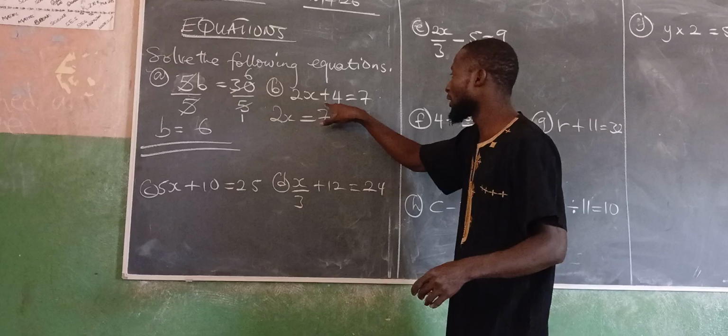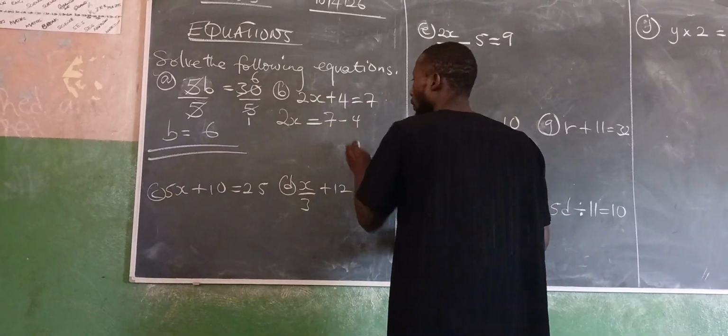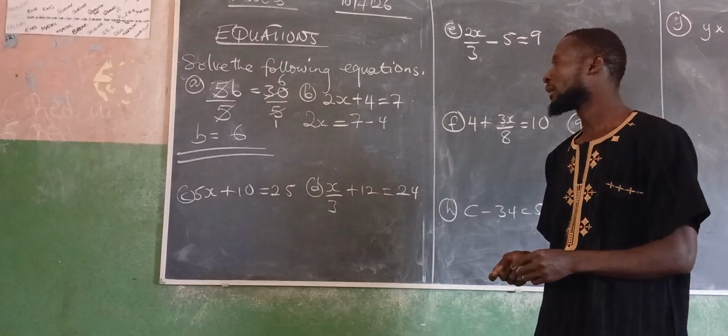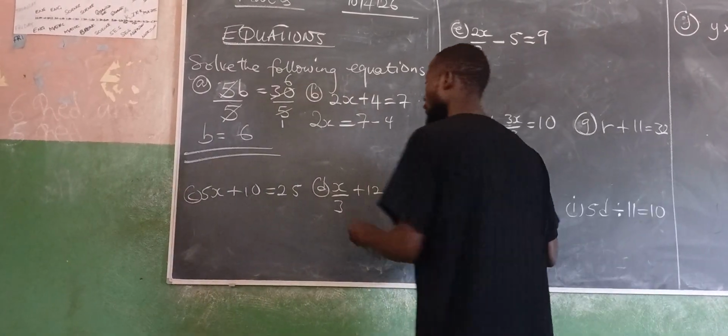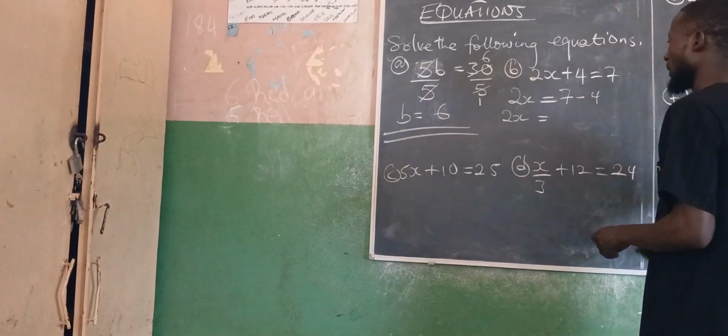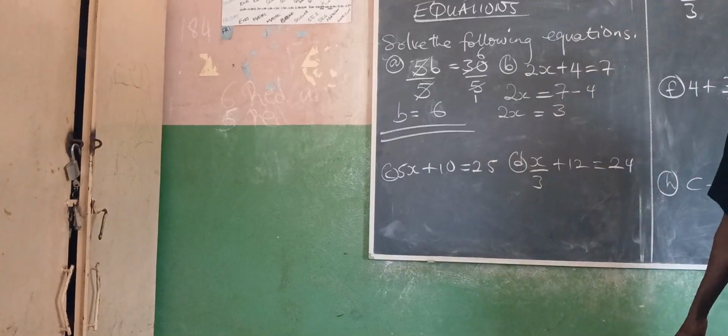So the sign of this number is plus, and when it moves to the right hand side, it is minus 4. Are we there? Now we have 2x equals 7 minus 4. So 2x is equal to 7 minus 4 is how much? 3. So we have 2x equals 3.